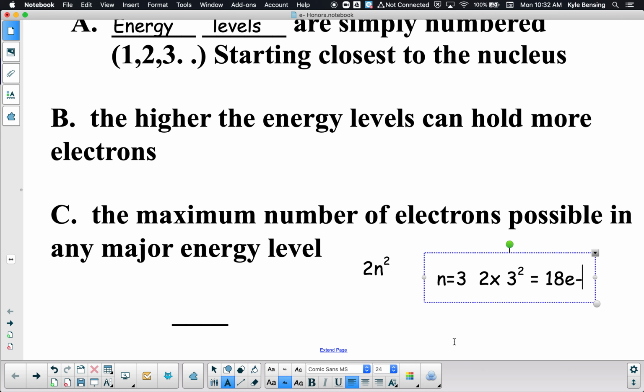So that means energy level 3 can fit a maximum of 18 electrons. Remember, if we're talking about a mailing address, this would be like the state. This would be the large area.